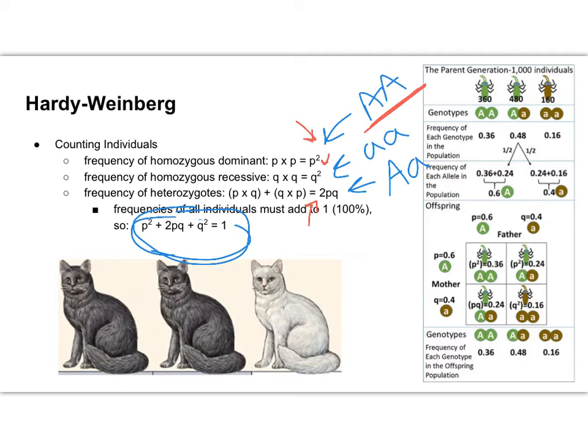If I look at the diagram over to the side, you can see where some of this comes from. If I have a cross of 2 heterozygotes here, my P squared is big A times big A, so P squared would be 0.6 times 0.6.